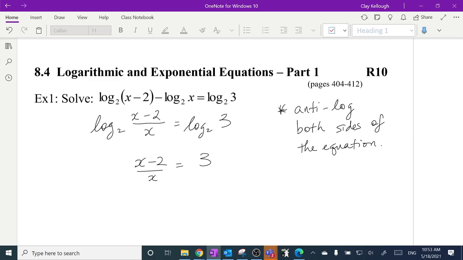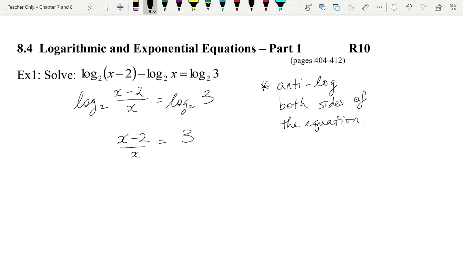We've kind of had this conversation before, but if it was a provincial exam and you got to this point here and said, oh, I'm canceling logs on both sides of the equation, they're going to take off half a mark for communication error, because you're not really canceling. Canceling is a specific act.